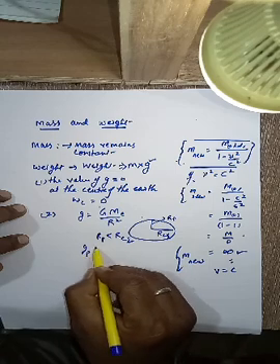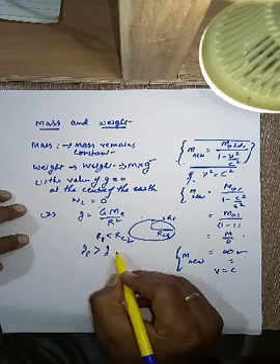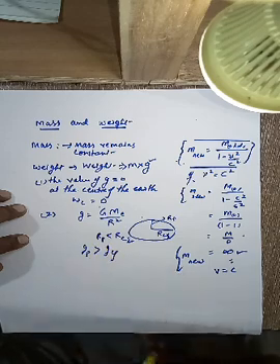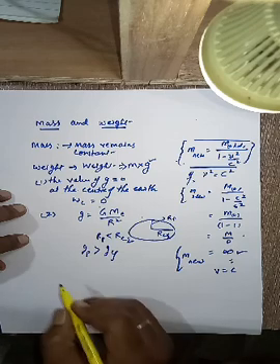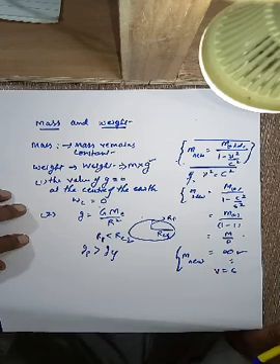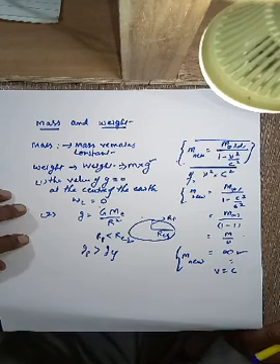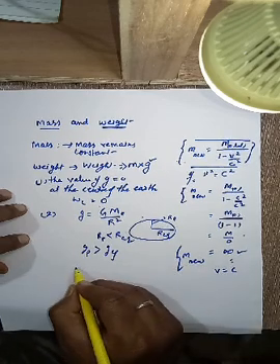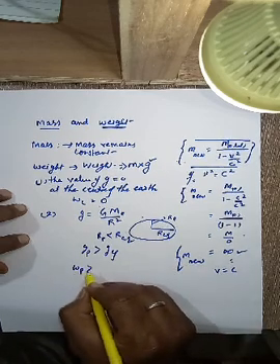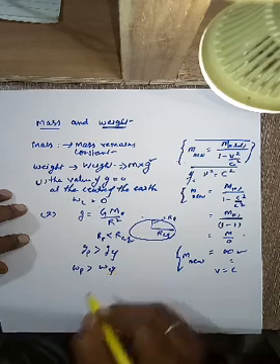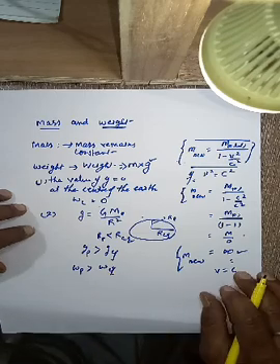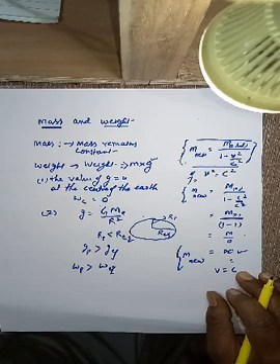Gravity at pole is more than gravity at equator, right? So at pole weight becomes more. So weight at pole is greater than weight at equator, right? So this is another fact that we should know.